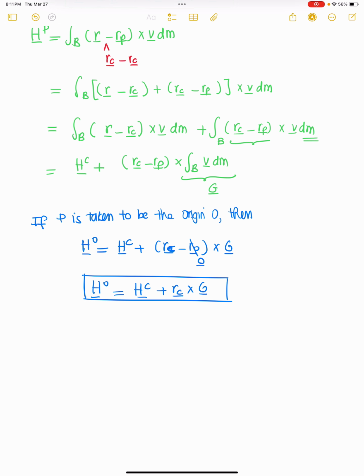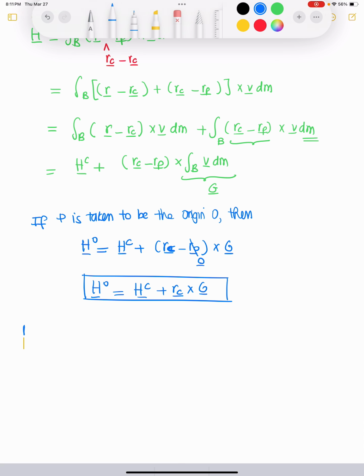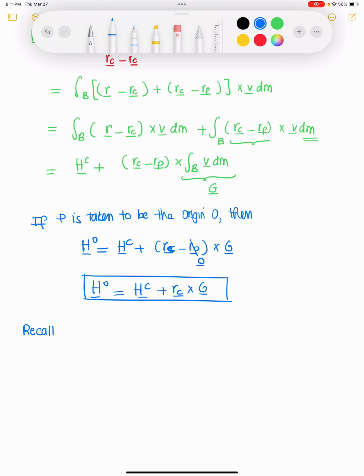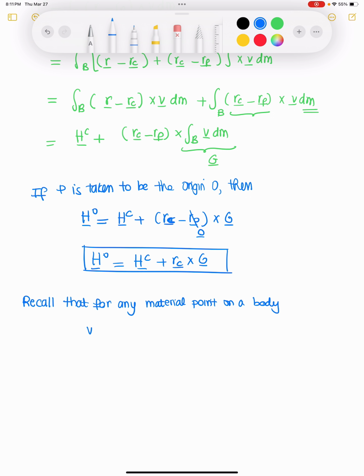For this, we will use the velocity analysis equations. Recall that for any material point on a body, we can relate the velocity of that material point to the velocity of the center of mass by omega cross r minus rc.